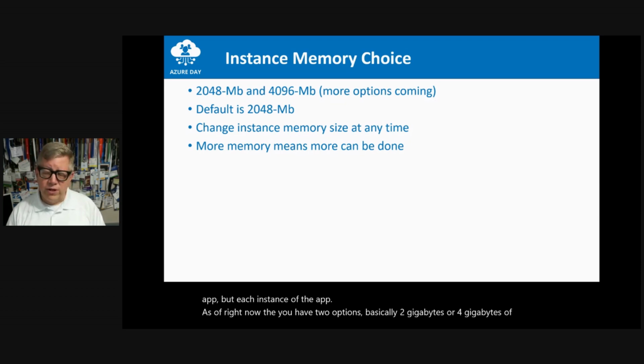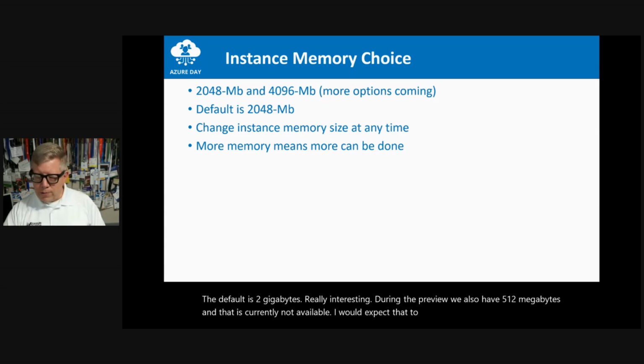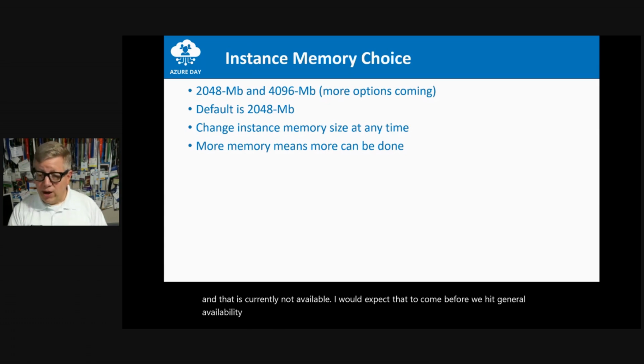The default is 2 gigabytes. Really interesting: during the preview, we also had 512 megabytes, and that is currently not available. I would expect that to come before we hit general availability, because it was there in the private preview, and there is a promise for more, right? So for even bigger instances.